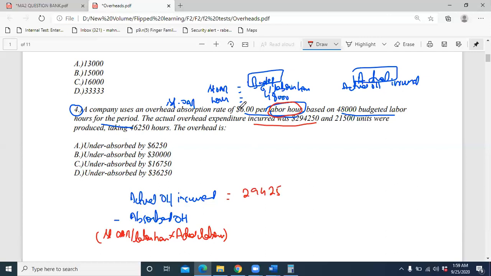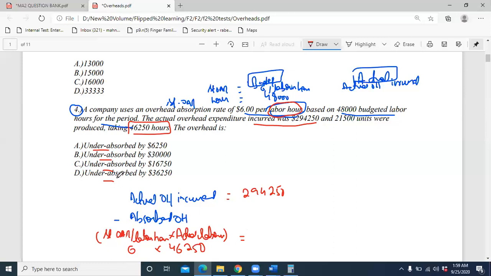294,250. Standard rate is 6. And 21,500 units were produced, taking 46,250 labor hours. You're also given the actual labor hours. Don't you think I have all the data required to now calculate the absorbed overhead and then compare with actual overhead to get whether it was under or over? The question gives you a hint that it is under.